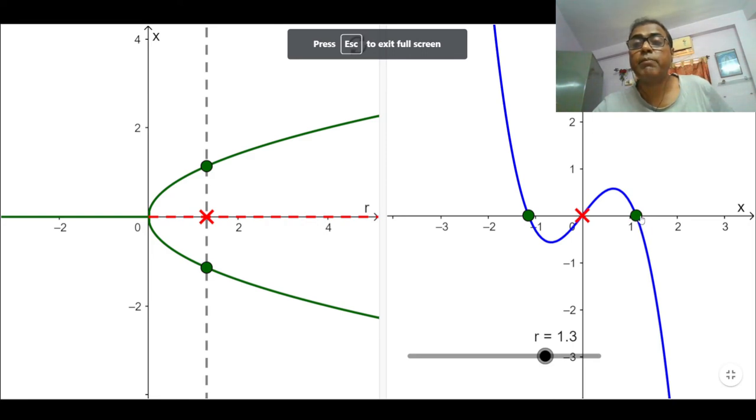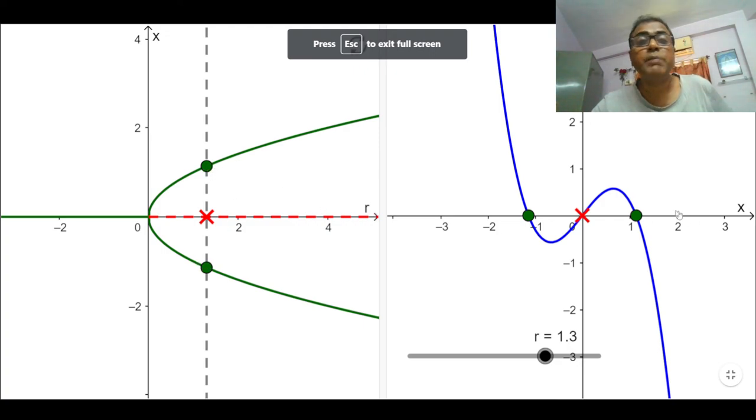These are the three critical points. When r is positive, say r equals 1.3, in the bifurcation diagram the horizontal axis is the r-axis and the vertical axis is the x-axis, and for r equal to 1.3 we get three equilibrium points.